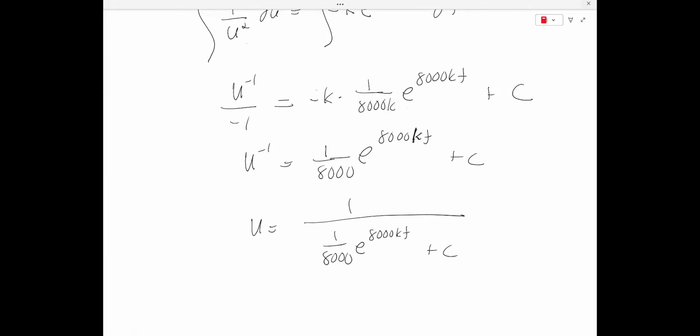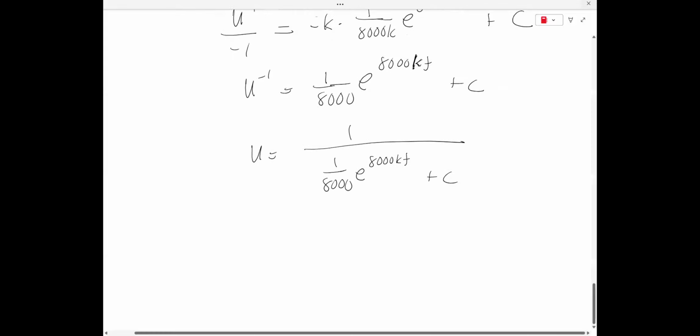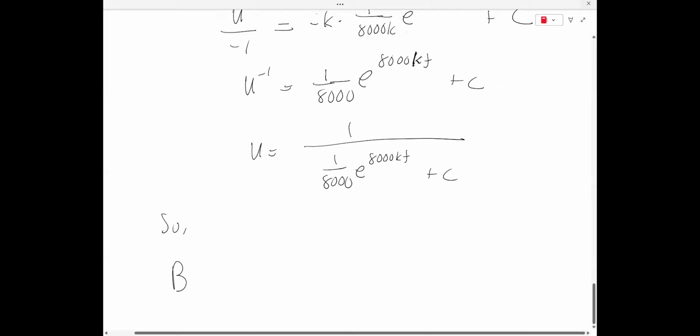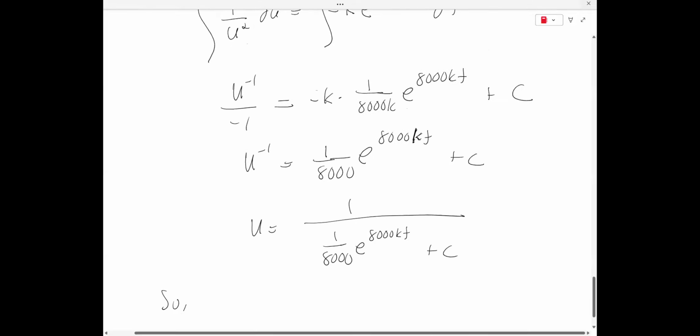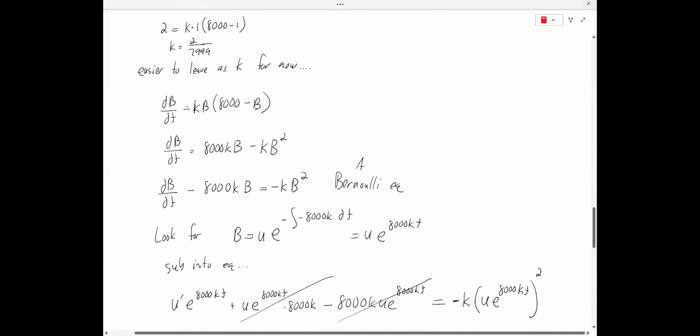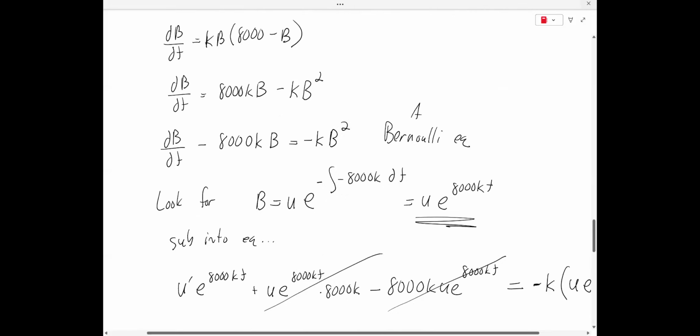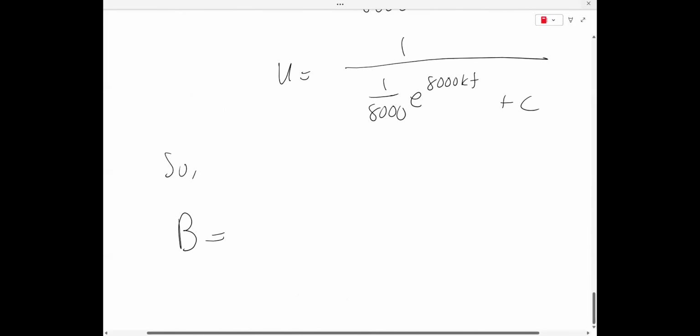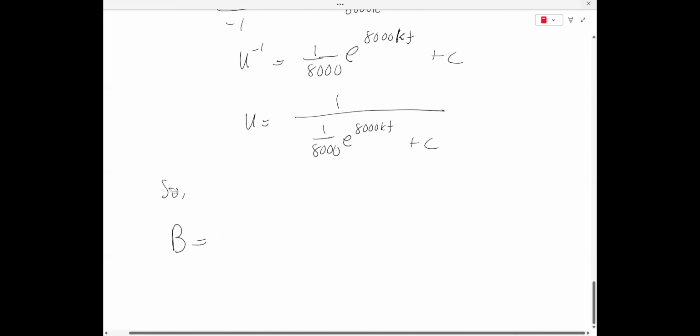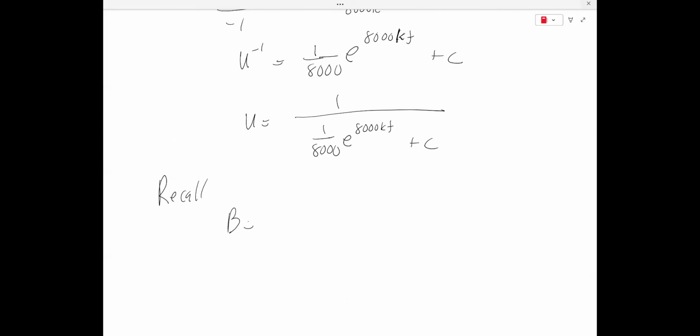So then finally the b. So b is equal to, now I can't remember what b is equal to. Up here it was b equals, right here, u times e to the 8,000 kt. Now I'll say recall, b is equal to u times e to the 8,000 kt.